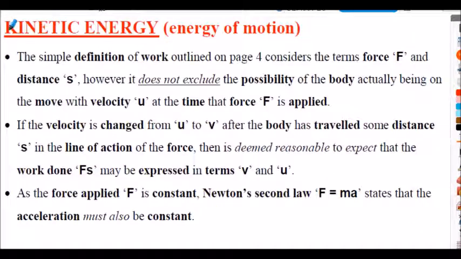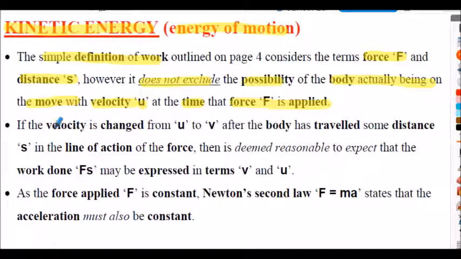Our second form of mechanical energy is kinetic energy, energy of motion. Now, a simple definition of work outlined previously considers the force F and the distance S. However, this does not exclude the possibility that the body was actually in motion, having some velocity, say u, at that time when the force was applied.